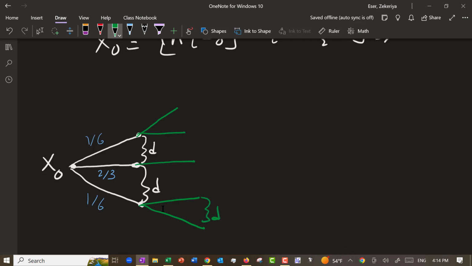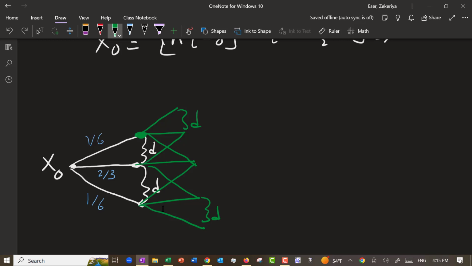But this is also d. From any node, you can only stay the same for X, go up by d, or go down by d. This is the reason I did that transformation. It makes the construction of the tree very simple.